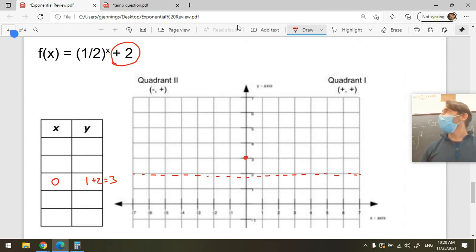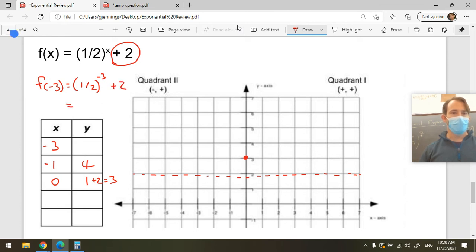Okay. All right. Let's go -1. So 1 over 2 to the -1 is 2. 2 plus 2, 4. And then let's go -3. Okay, let's do f at -3 is equal to 1 over 2 to the -3 plus 2.